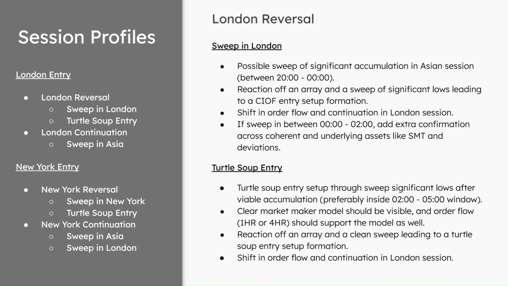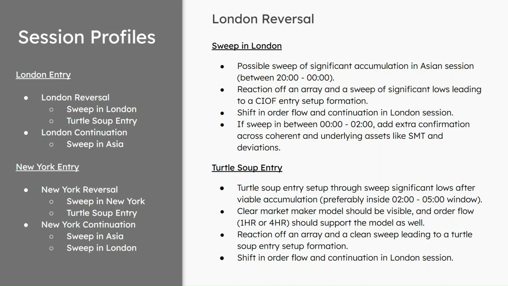What are the coherent pairs to GEO? EU moves similarly and in coherence with GEO usually. So we look at EU to see if a similar kind of move is unfolding across both the pairs, or we look at the underlying assets like the dollar index chart. So we look for SMTs and deviations across the coherent and the underlying assets.